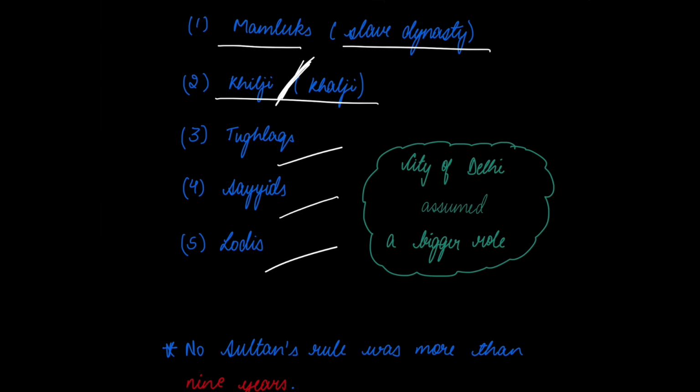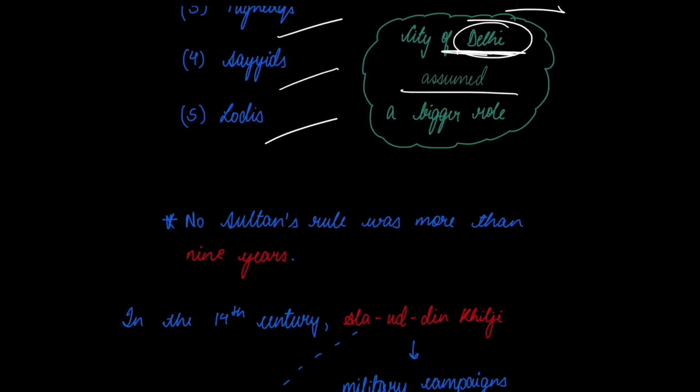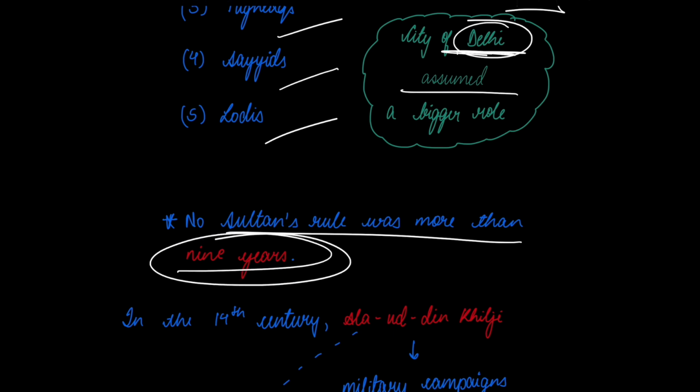The city of Delhi assumed a big role in the kingdoms then, because it was central, and Delhi was the capital city. No sultan's rule lasted more than 9 years, so we can say that there was high political instability.